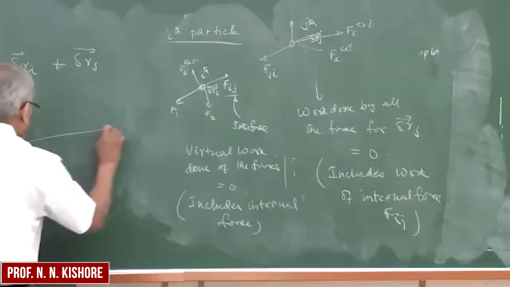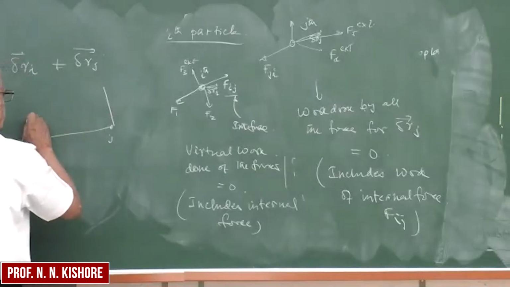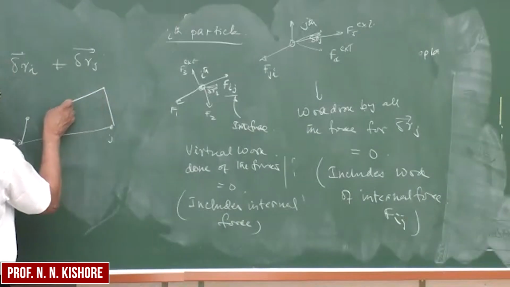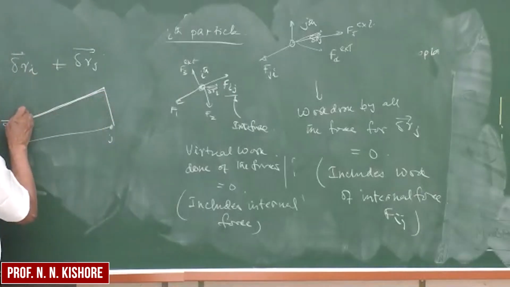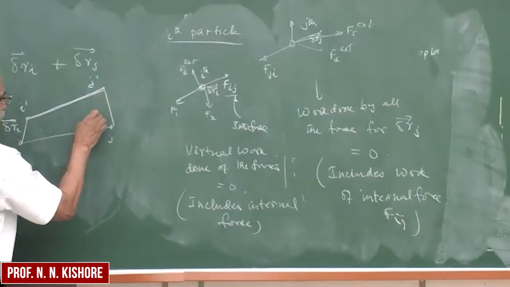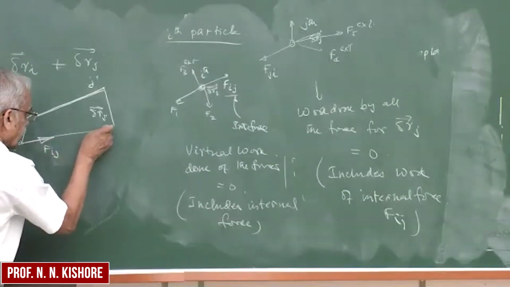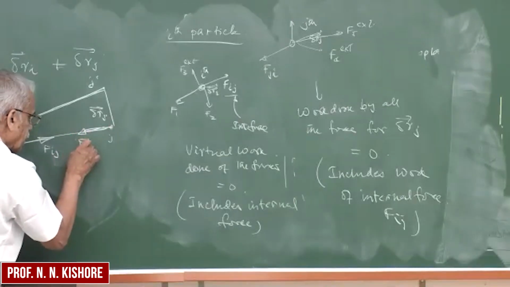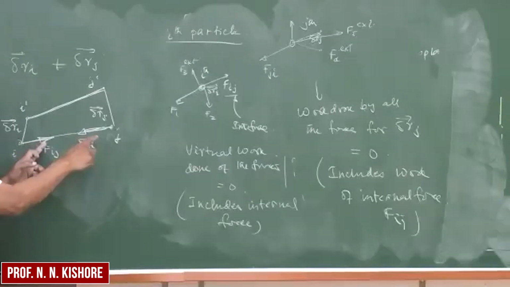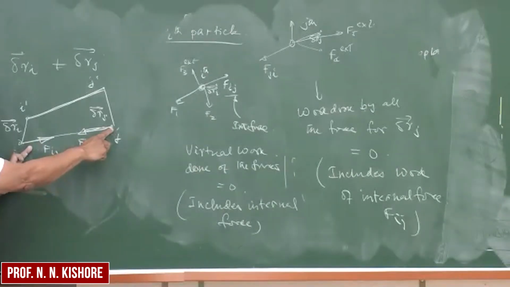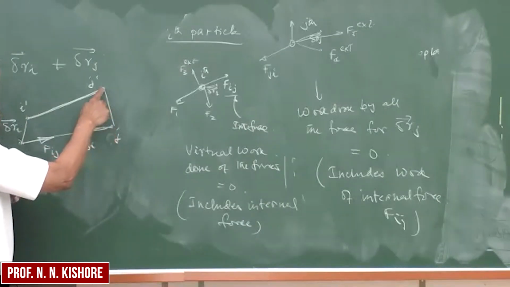Because if you look at the i and j particles, there is an internal force Fij and Fji acting on these particles, and then there is a displacement for i going to i prime and j going to j prime, delta Rj.